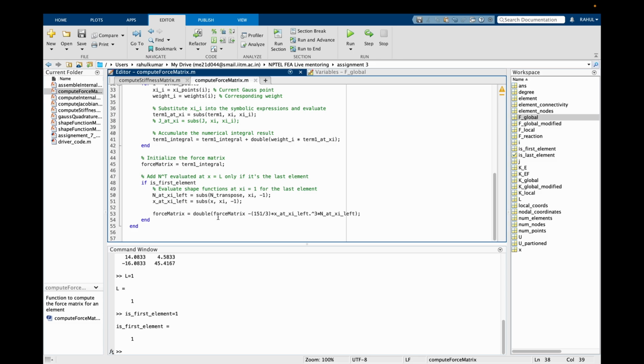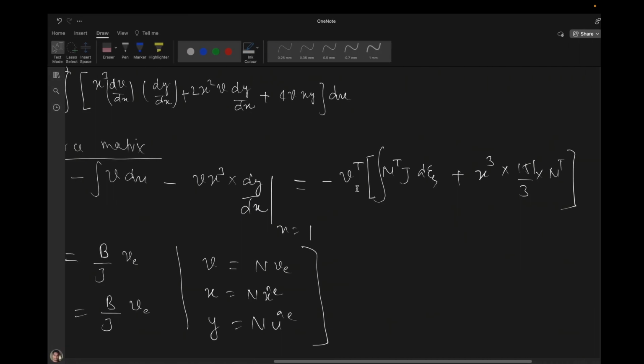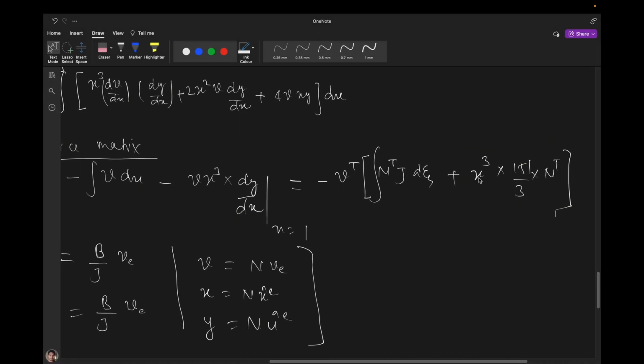So here the total force matrix will be nothing but term 1, which we have already written in the variable force matrix. So in the force matrix, minus this term, minus this term.